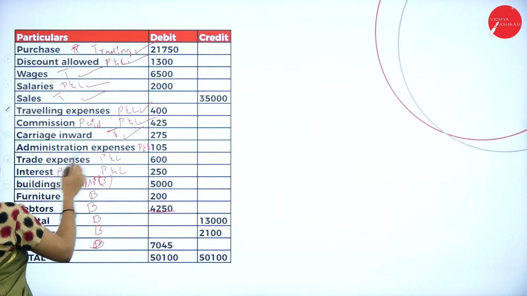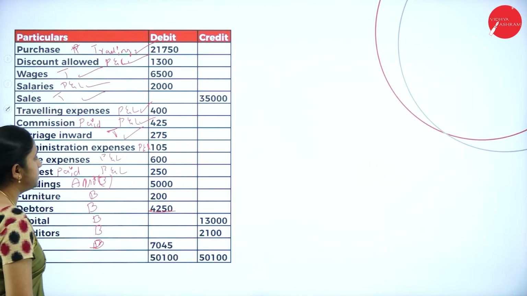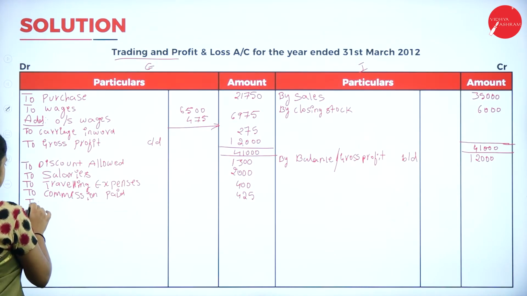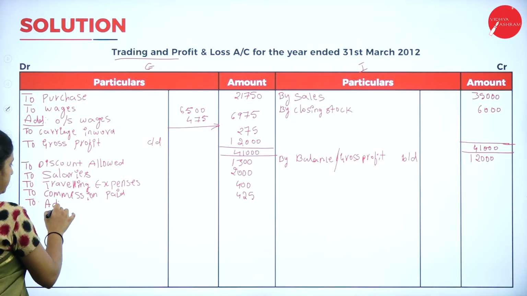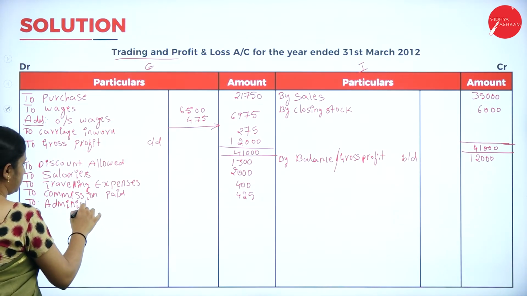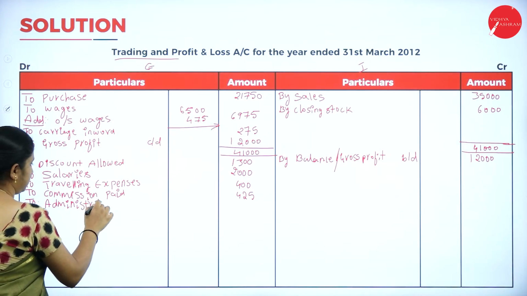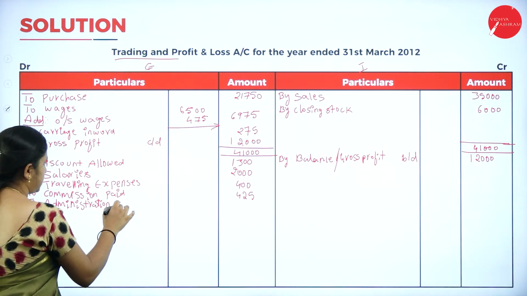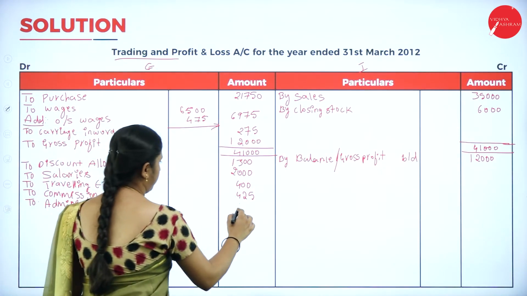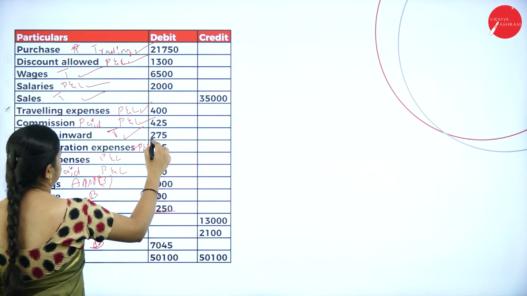Next, administration expenses 105. Expense, debit side, to administration expense 105.